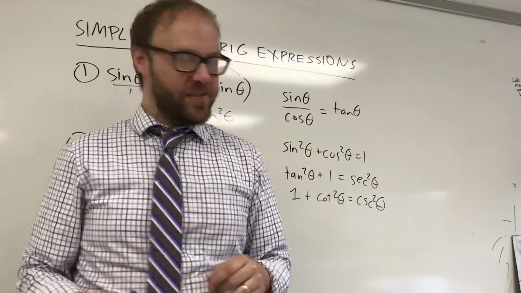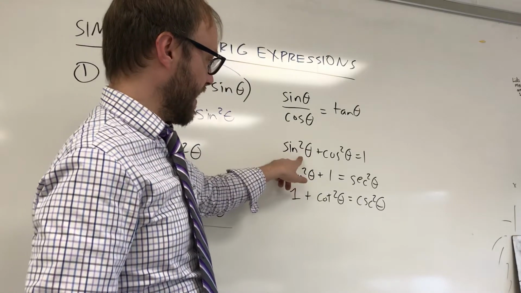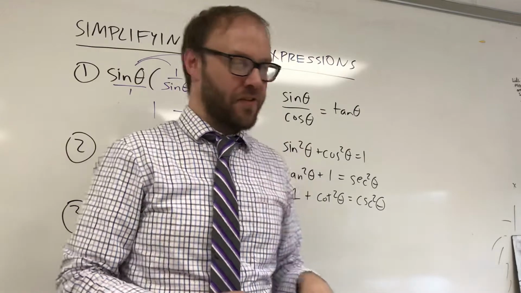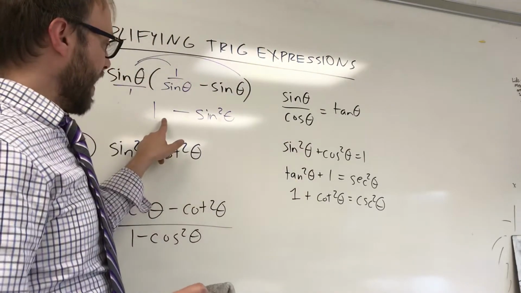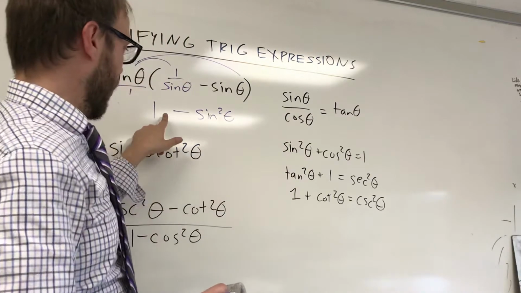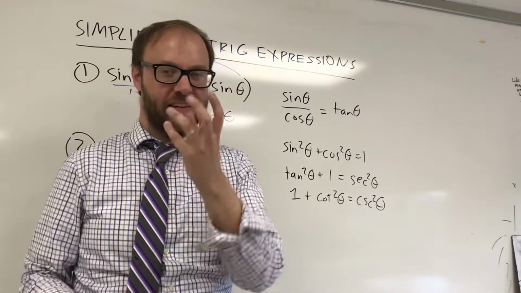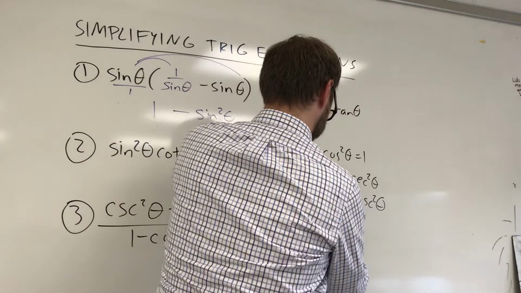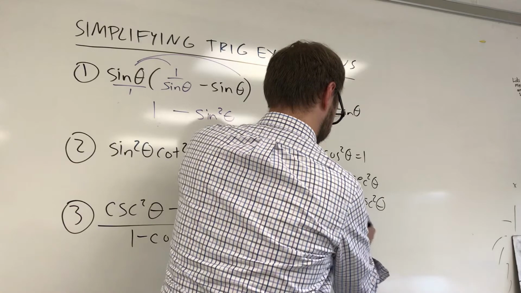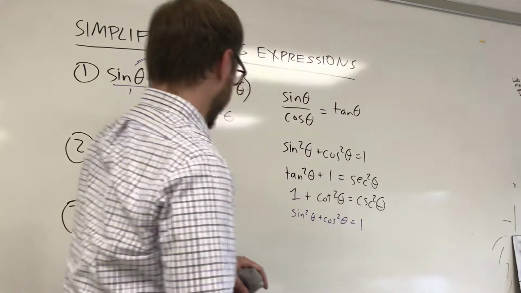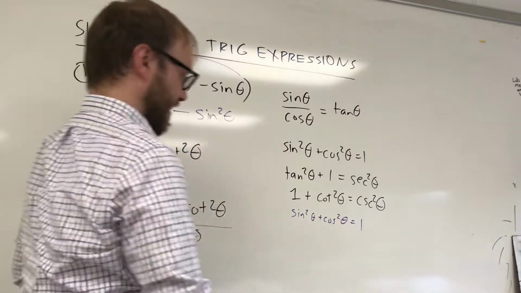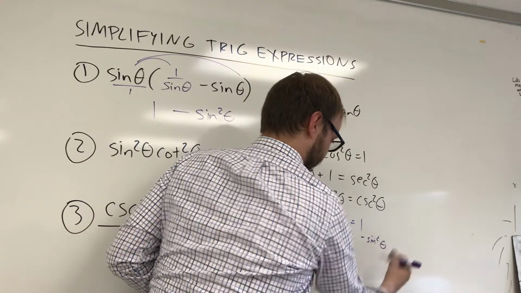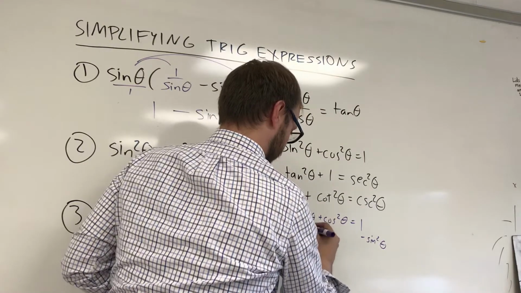Okay, but I noticed there's a sine squared of theta, and there is a trig identity that has to do with the sine squared of theta. Remember, you can rewrite these statements into other forms, okay? I can try to get a statement from this that would give me a 1 minus sine squared of theta, and I could see, is that equal to something that's simpler? So, if I have sine squared of theta plus cosine squared of theta is equal to 1, and I want to have a statement that's 1 minus sine squared of theta, if I subtract sine squared of theta over here, I also need to subtract sine squared of theta over here, okay?